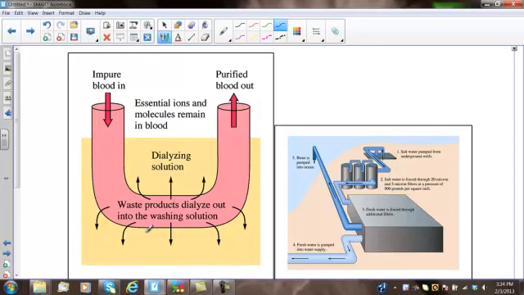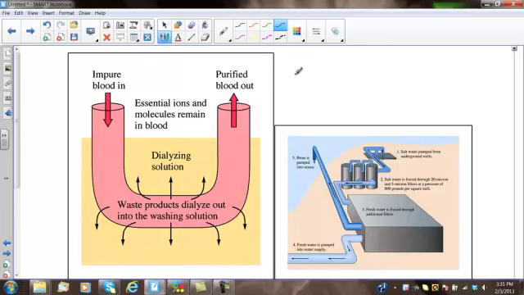The washing solution contains the same concentrations of ions and small molecules as blood, but has none of the waste products normally removed by the kidneys. The resulting dialysis, the movement of waste molecules out into the dialyzing solution, cleanses the blood.